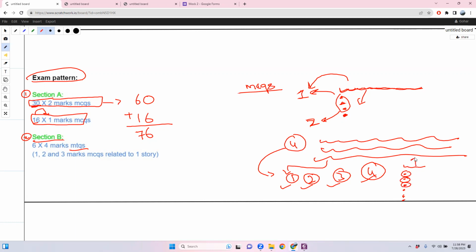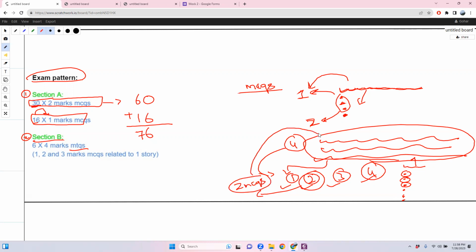And this smaller MCQ will be linked with the story that will be given in the first place for the MTQ. If you get 2 mark questions within a single MTQ, then you will get 2 MCQs which will both be solved from the same story given to you. And in 1 mark questions, you will be given 4 questions at the same time, and these questions will relate to the story themselves.